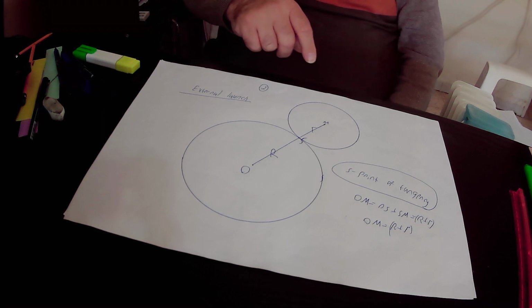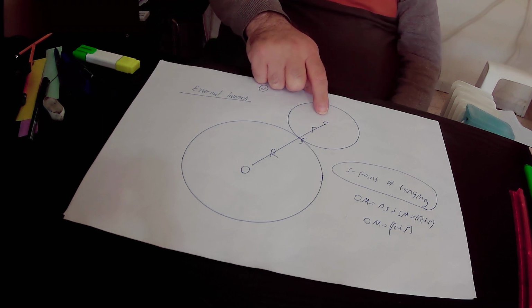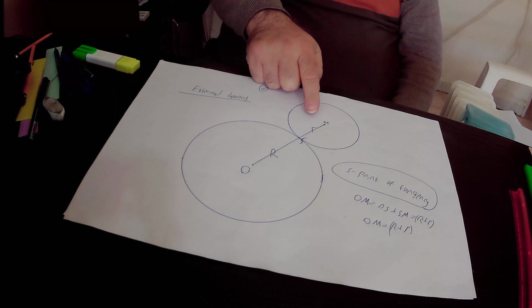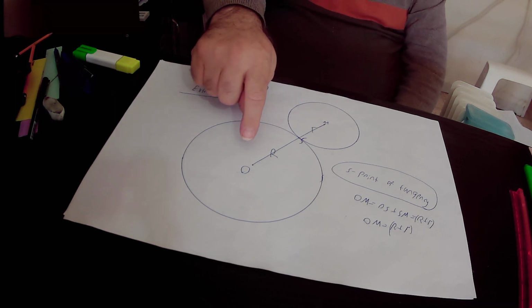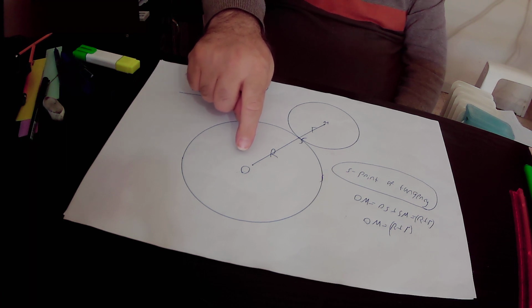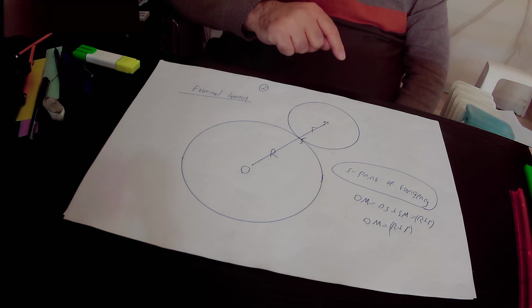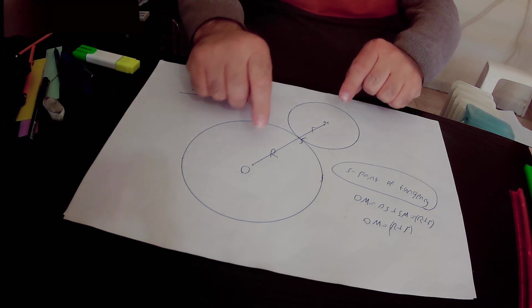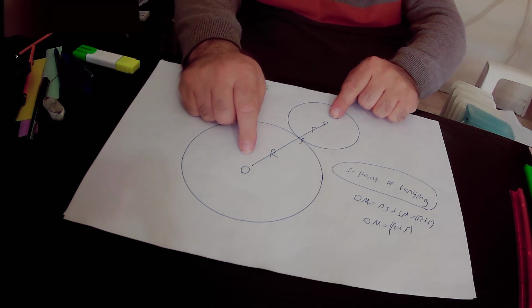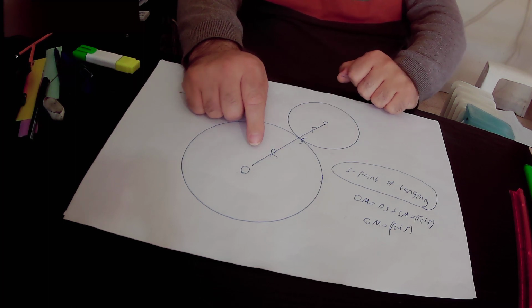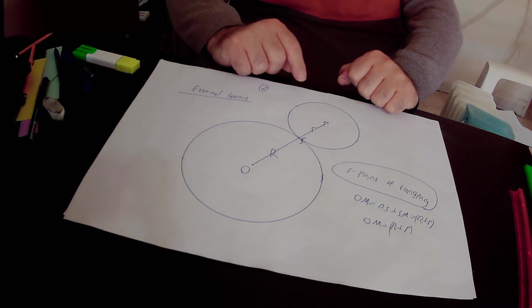We know that the center of this circle is at point M, and the radius of this circle is equal to small r. The center of the big circle is at point O, and the radius of the big circle is equal to capital R. Then the distance between their centers, that is to say OM, is equal to capital R plus small r.